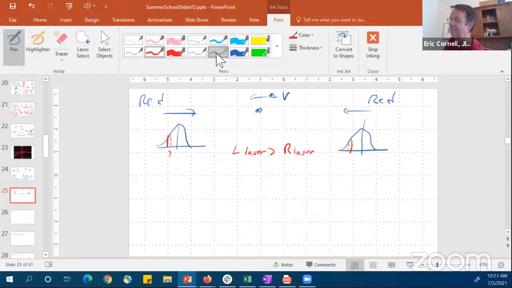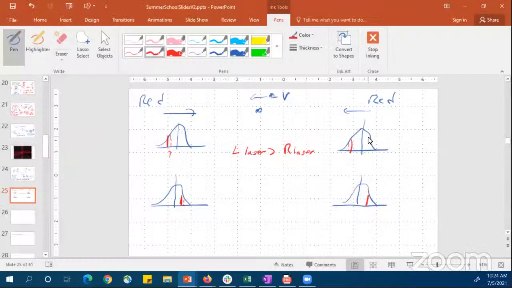Let's imagine that instead we had tuned the laser here. Now again, if I'm moving to the left, this red laser will get shifted more blue. So more blue is over here.